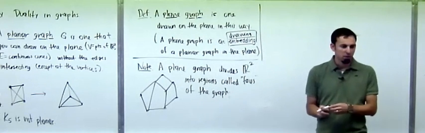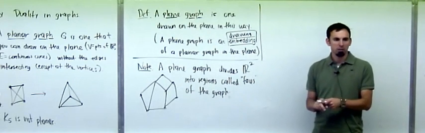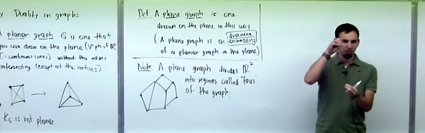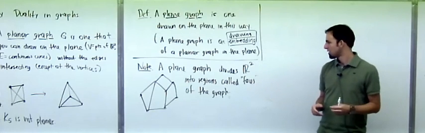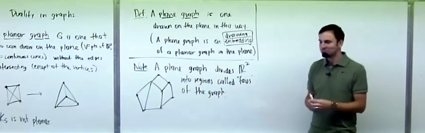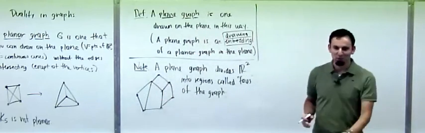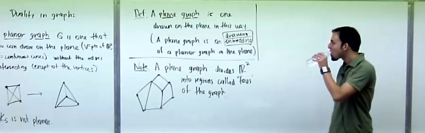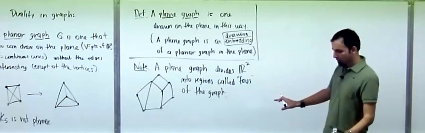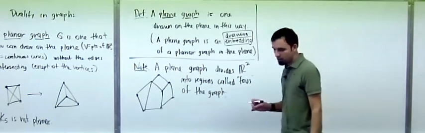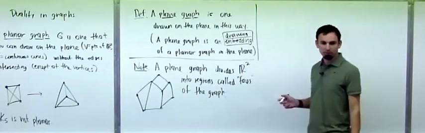The reason for this, if you know a little bit of topology, is the Jordan curve theorem that says if you draw a continuous loop in the plane, then that's going to separate the plane into an inside and an outside. But if you don't know topology, then this is going to be obvious to you. A lot of topology is devoted to giving formal proofs of things that seem obvious to you. But this happens to any plane graph, and so what I'm going to do is define the dual graph of a plane graph.